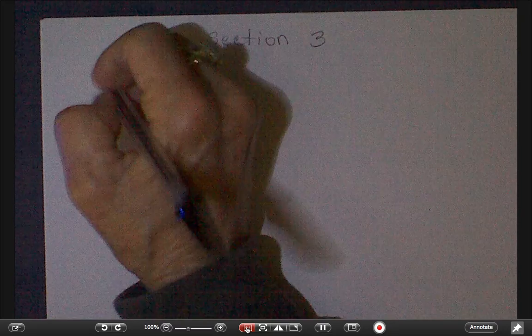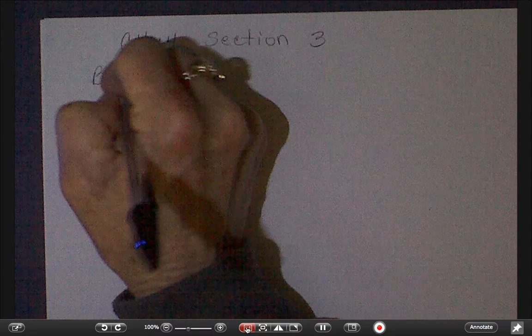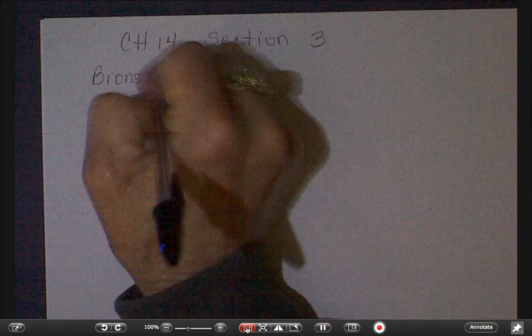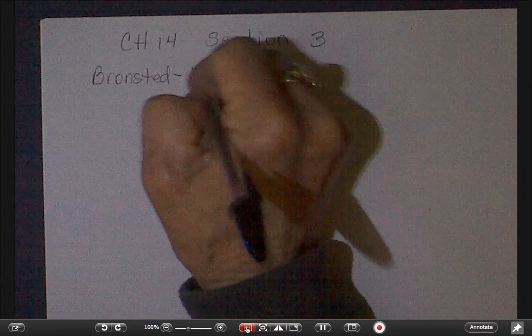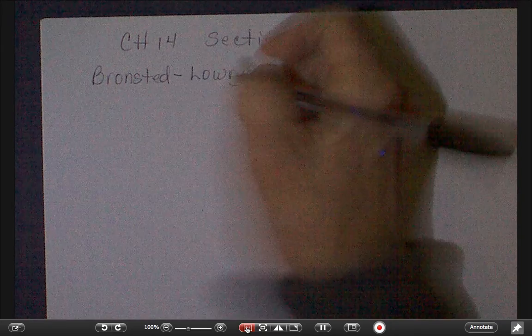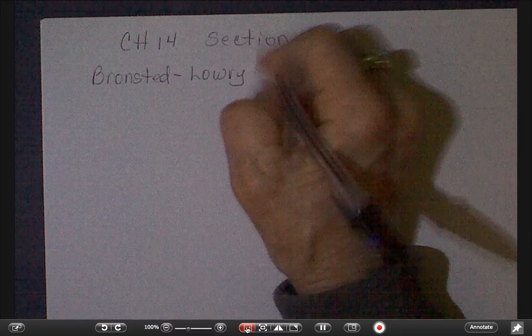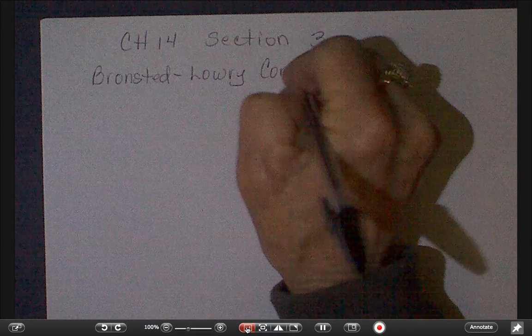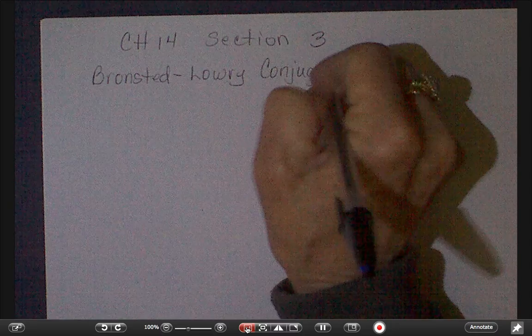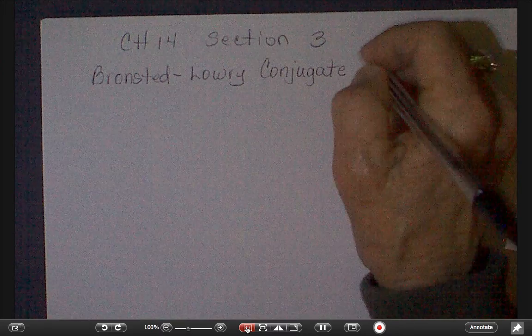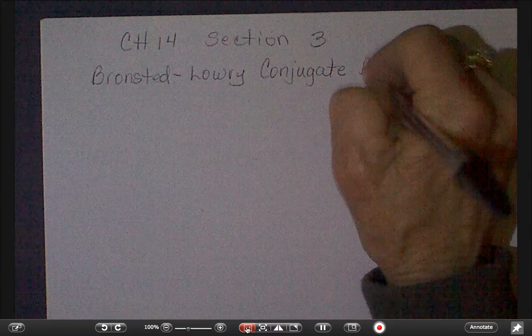Bronsted-Lowry conjugate acid-base pairs.